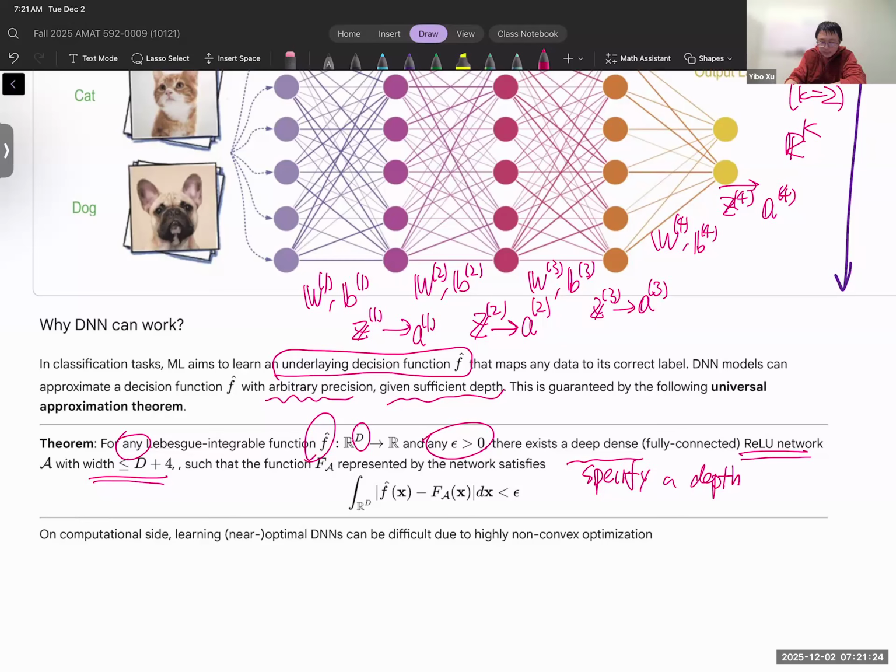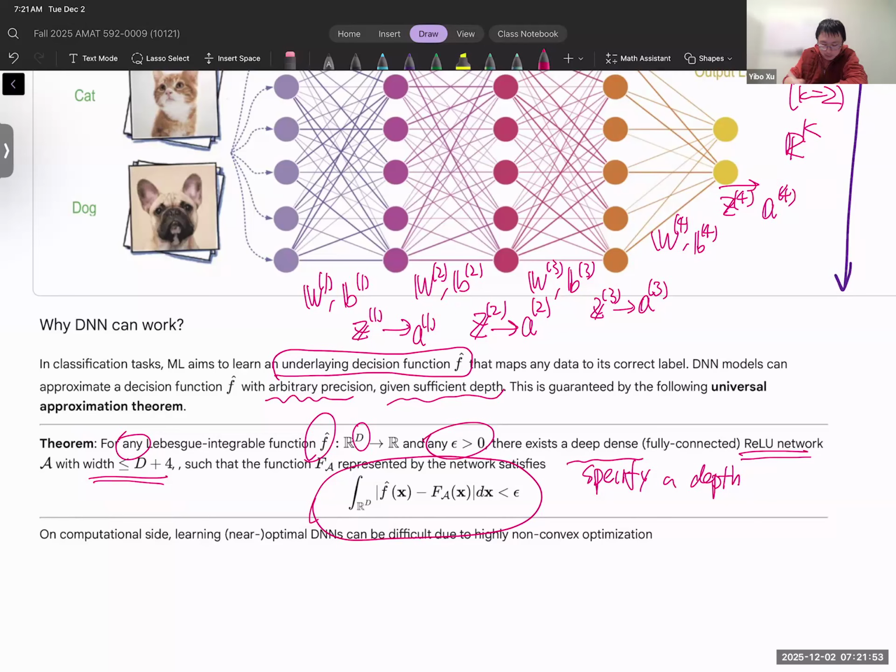So this actually is a nice theorem. It's kind of a constructive proof. You don't really need a super large width. The depth may really rely on certain properties of the function, but essentially, if you look at the accuracy, this is integrating over the entire R^d space.